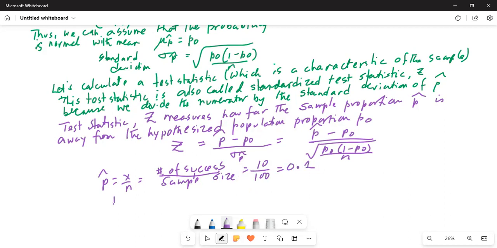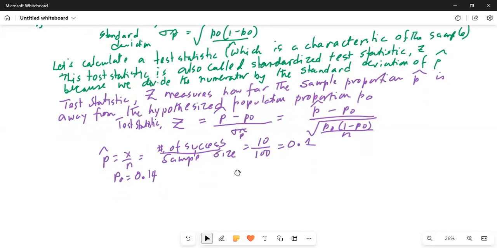My P0, the hypothesized population proportion, is 0.14. Before I calculate the test statistic Z, let me formulate the null and the alternate hypothesis.